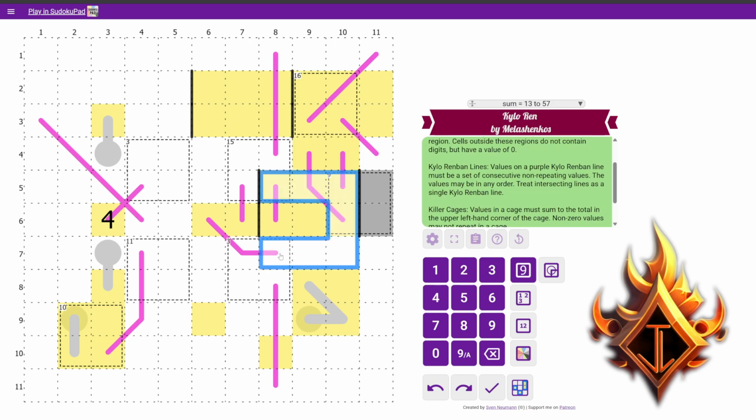If this goes down, that would be yellow. And it would be the end of that box. That could be 0. That would be part of that box.